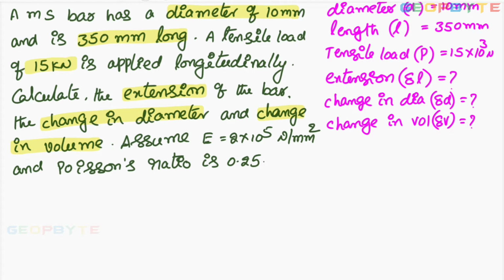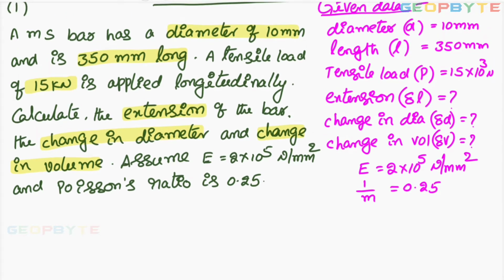Assume Young's modulus E equal to 2 into 10 raised to 5 Newton per mm square, and Poisson's ratio denoted by 1 by m is 0.25.